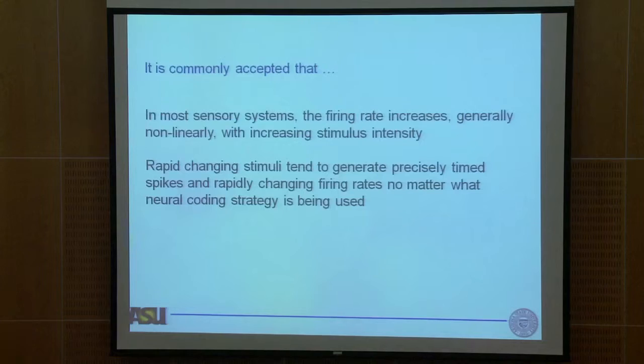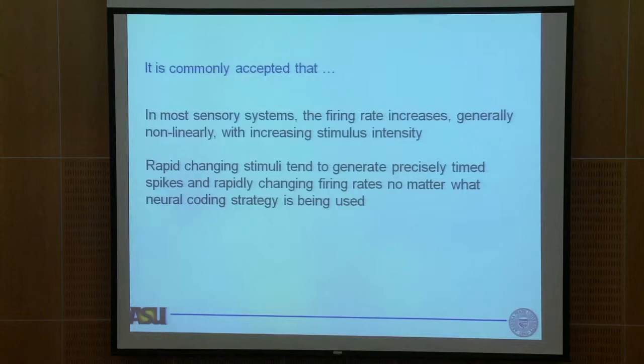To quickly summarize, at a very high level, up to this state, for the sensory systems, it is generally accepted that the firing rate is correlated with the intensity of the stimulus.